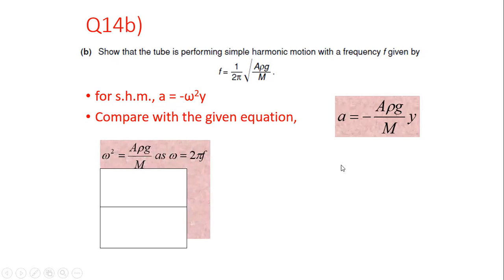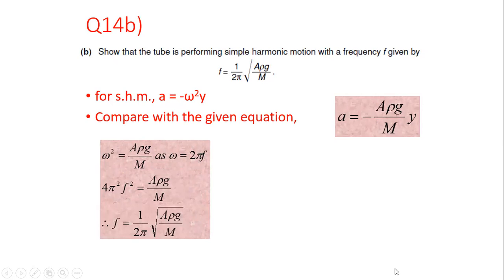Compare the equation, that's what you get. Then remember that your omega is 2 pi f. Replace that as 2 pi f, so it becomes 4 pi squared f squared. This one is still the same. Then you take the 4 pi squared down and then square root it. That's your answer.